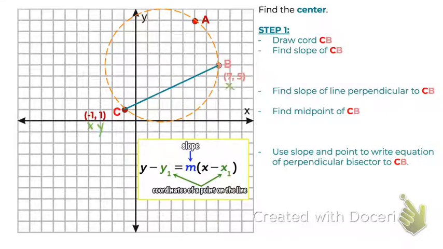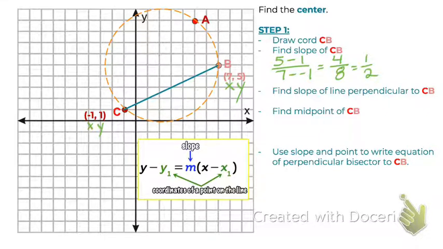So when I'm using the formula, I label my x and my y's, and the slope is the difference between my y's. So I'm going to do 5 minus 1 divided by the difference in my x's, 7 minus negative 1. And then you simplify. So this is 4, this is 8, and that's 1/2.